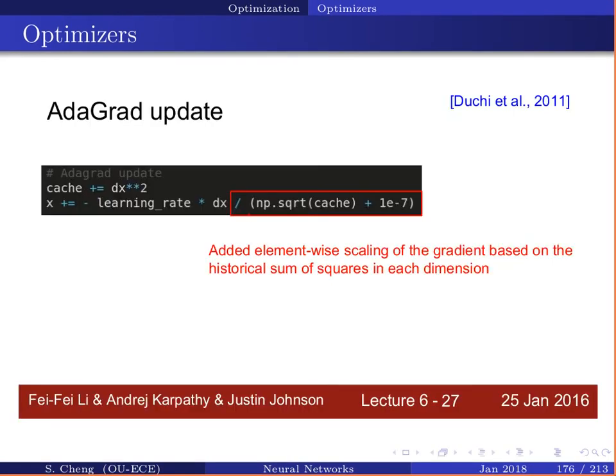That factor will use the previous gradients. Basically we sum up the square of all previous gradients and use that as a scaling factor. Please be careful that we have Python notation here. Sometimes I get confused also because this is element-wise division. This is a vector here, this is a vector here, and it is an element-wise division. So each dimension I scale.